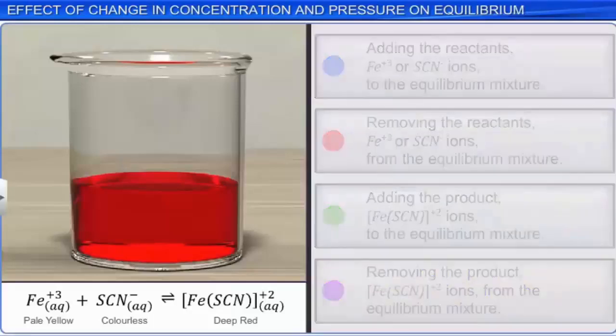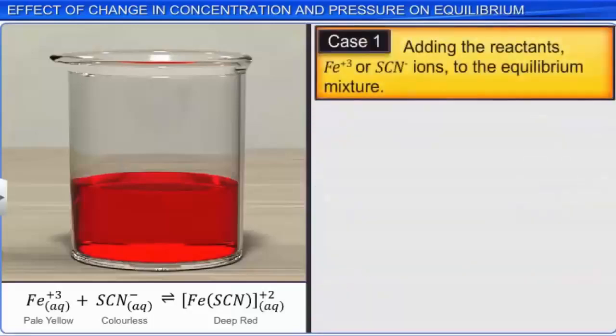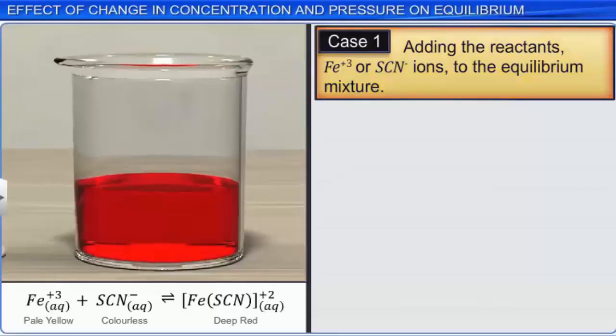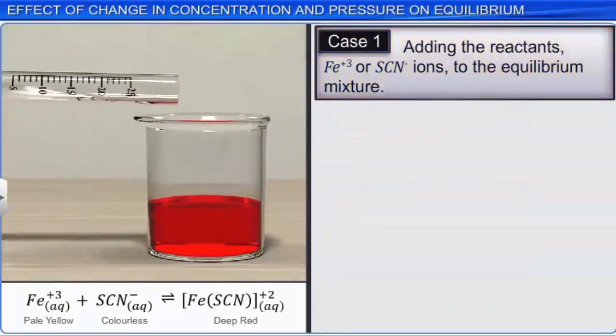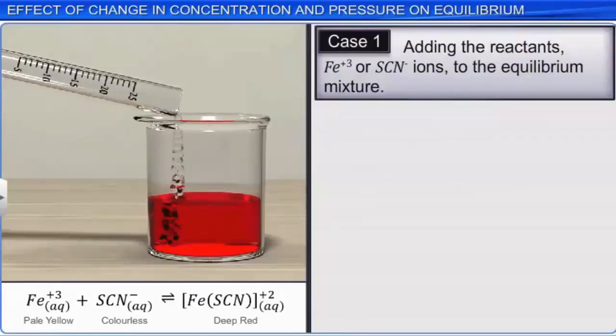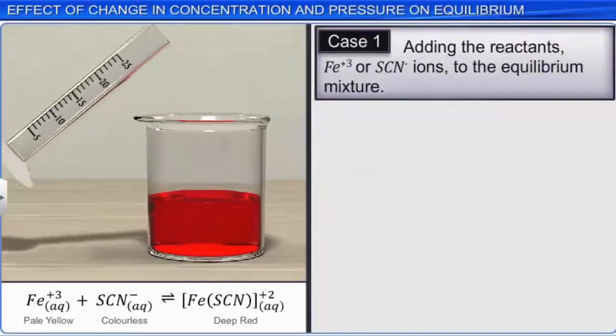Case 1. Adding the reactants Fe+3 or SCN- ions to the equilibrium mixture. Suppose you add a few ml of a solution containing soluble Fe+3 or SCN- ions to the equilibrium mixture. You can see that the color of the solution becomes darker.